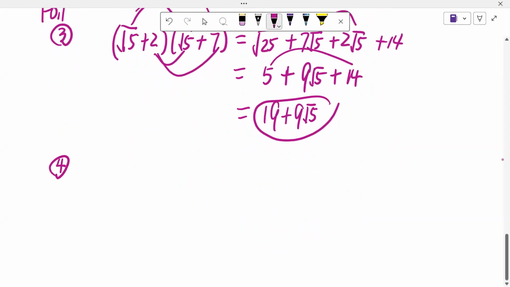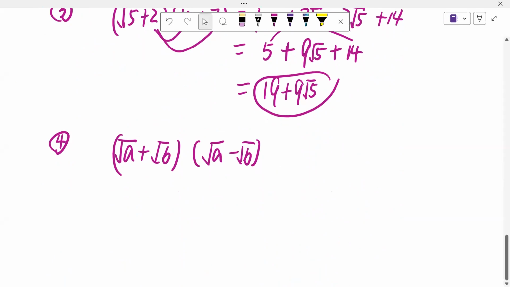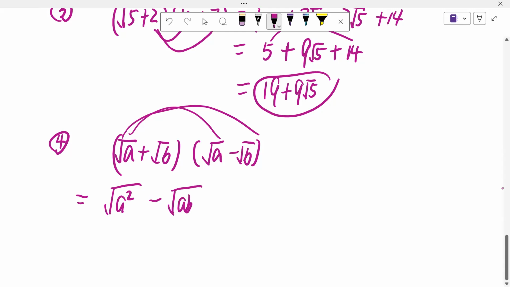So it's part 3, part 4. Radical A plus radical B times radical A minus radical B. You can also treat this as A plus B, A minus B. So it's A squared minus B squared. Or we can also FOIL, right? So okay, radical A times radical A first. Radical A squared. And the second term will be radical A times negative radical B. That's minus radical AB.